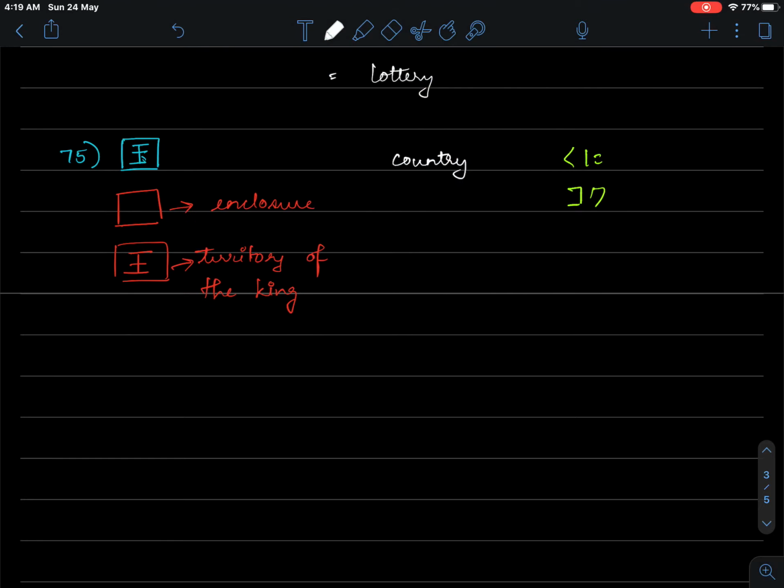Now let's have a look at the words. Okay, now can you tell the meaning? So it's okoku. So it's king country. Now this is kingdom. Okay, this is kingdom. Okoku is kingdom. Now let's have a look at one more.